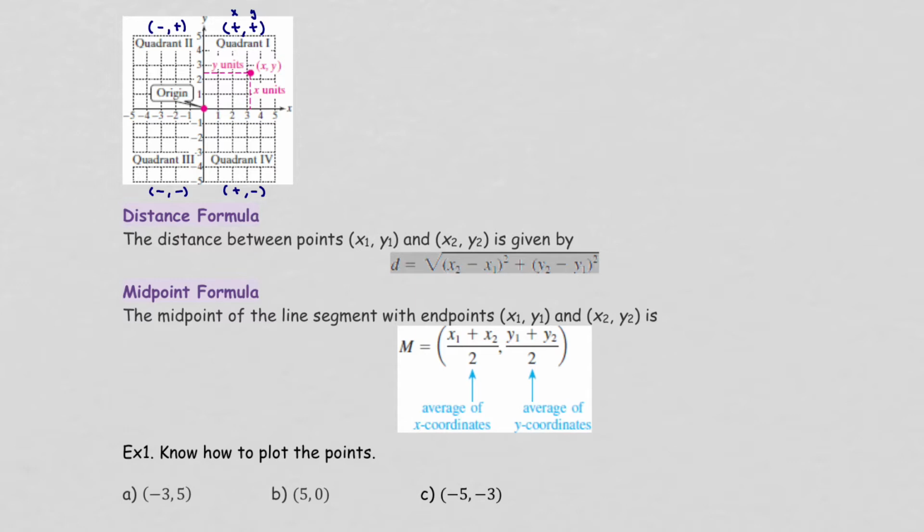You have a distance formula to remember, and these are your formulas. So if you have 2 points given, we call point 1 (x1, y1) and point 2 (x2, y2). If these 2 points are given, you're going to use this formula right here.